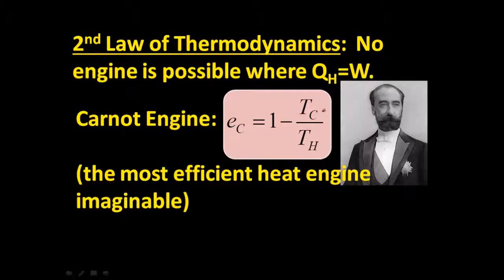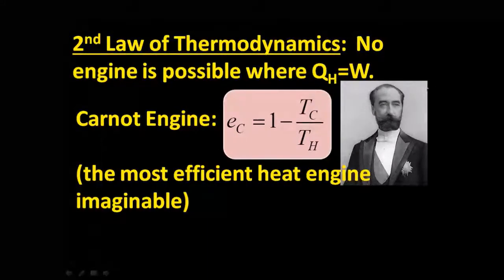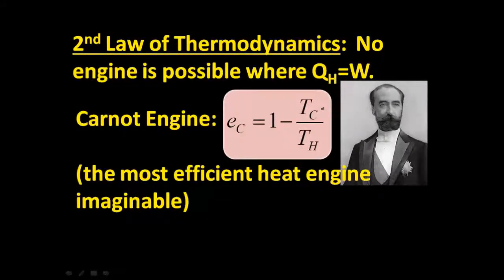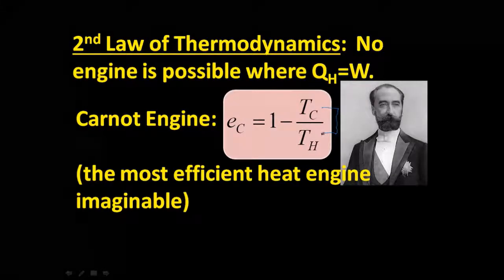Remember, these temperatures are on an absolute scale like Kelvin. So you can't possibly have an engine have heat go into it and remain at absolute 0. And so even the most efficient engine imaginable cannot have 100% efficiency. It depends on the temperature of the input and output heat.